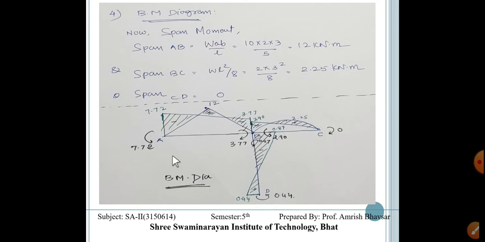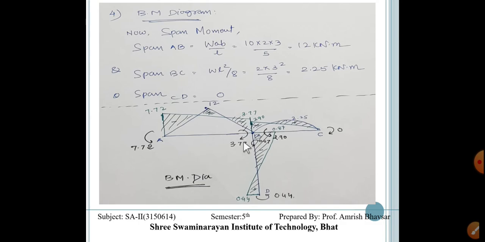Here this moment is hogging, this is also hogging, and here it is again hogging moment for us. So all these moments take positive and negative values for the bending moment diagram over here.